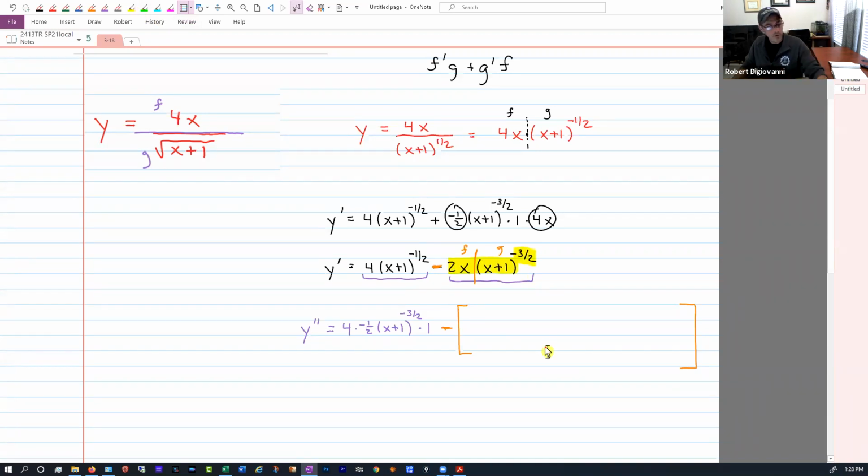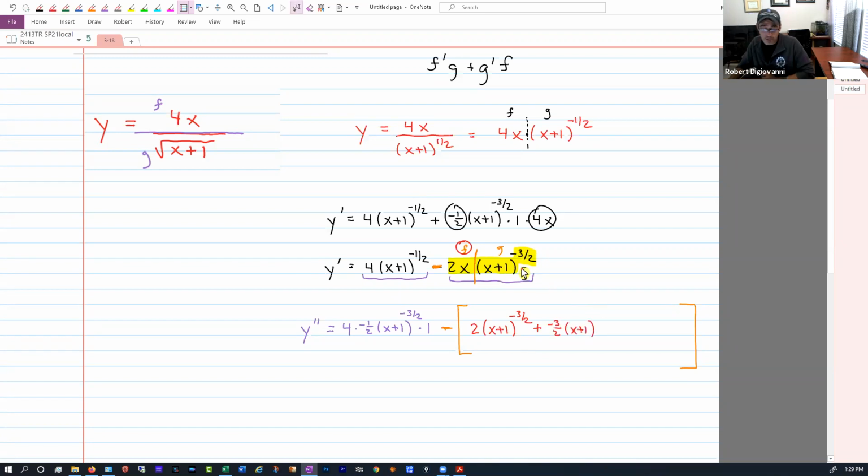Ready for product rule? Here it comes. The product rule says I need to take the derivative of f first, which f is 2x, so the derivative of that's 2, times g, plus now the derivative of g, which is a chain rule, so I can bring the negative 3/2 out front, x plus 1.